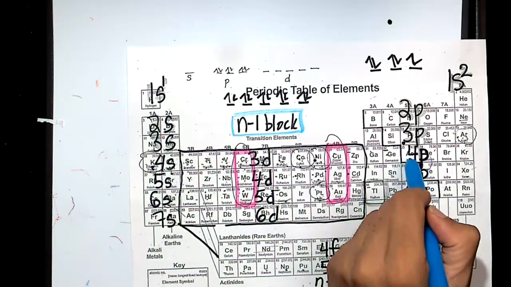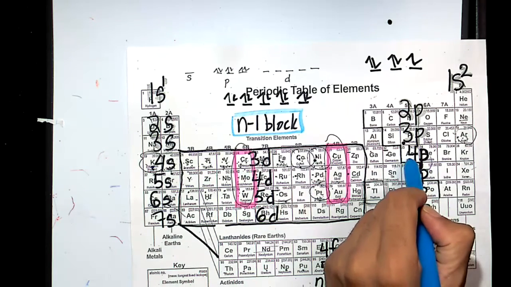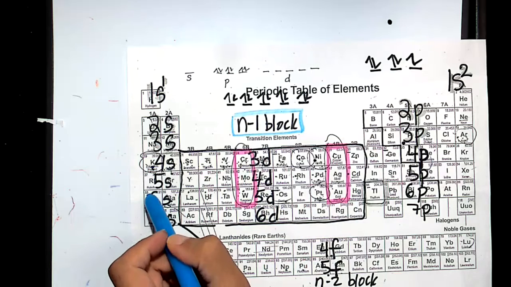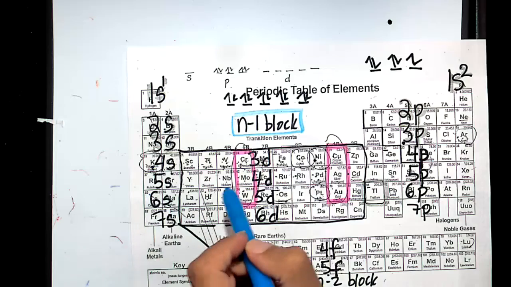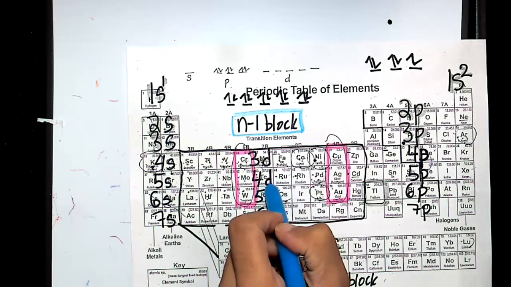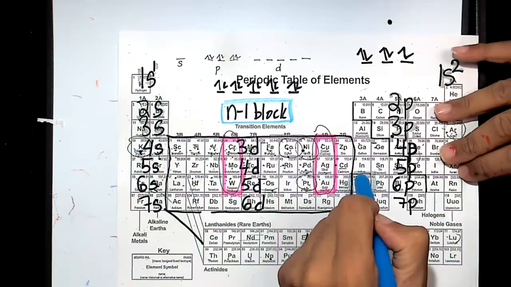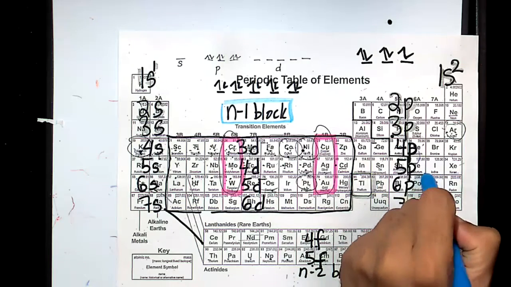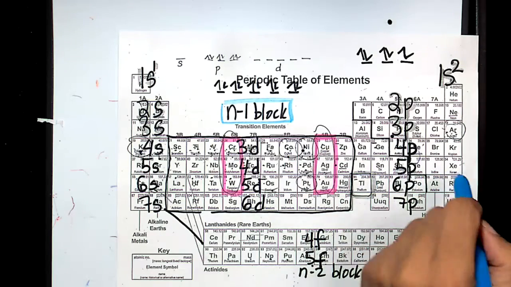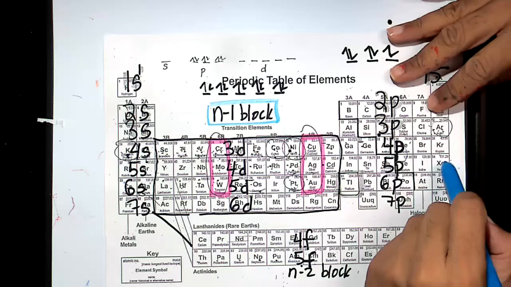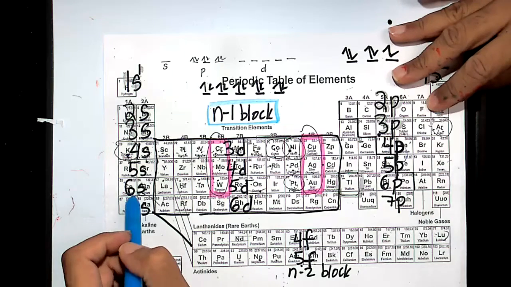After 3d, we go to 4p. After 4p, we fill 5s. After 5s, we fill 4d, all 10 electrons of 4d. Then 5p, the 54 electrons of xenon.